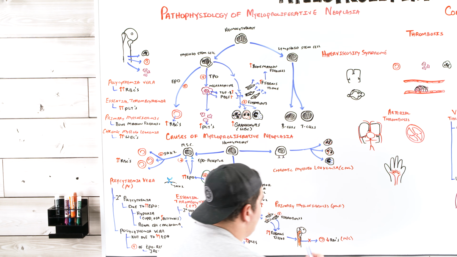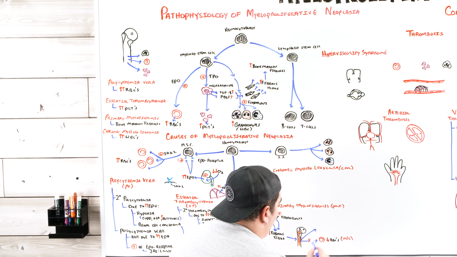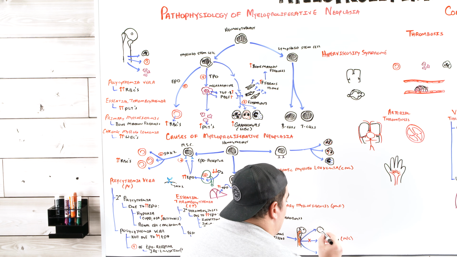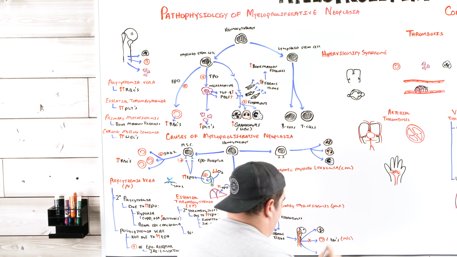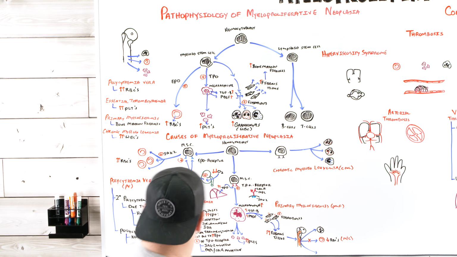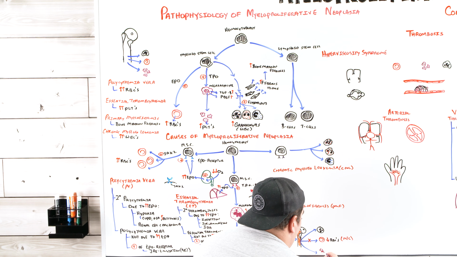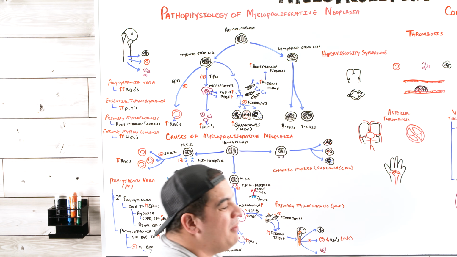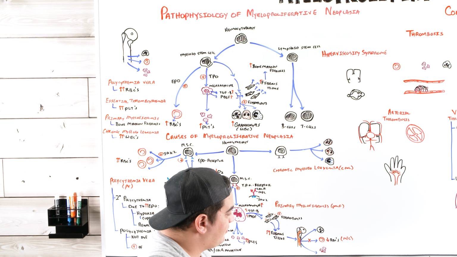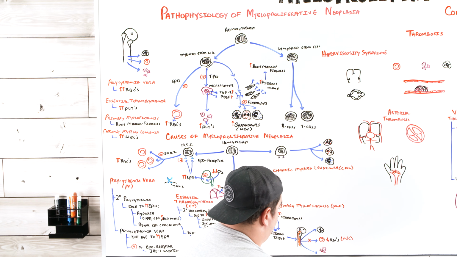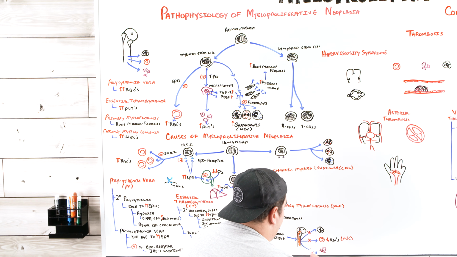In other scenarios, yes, as the fibrosis does start to progress, you may start dropping some of the other cell lines. And so you may drop your white cell lines. You may also start dropping some of the platelets. But this is the problem with this disease. It's variable. So you may start seeing this later in the stages.